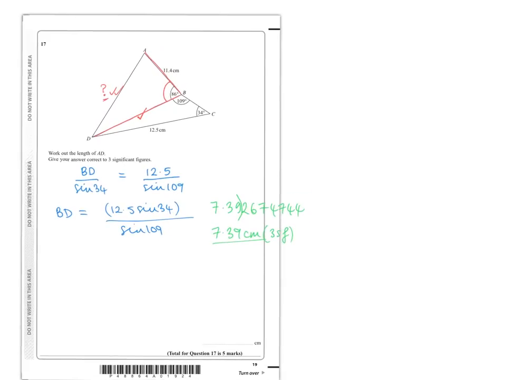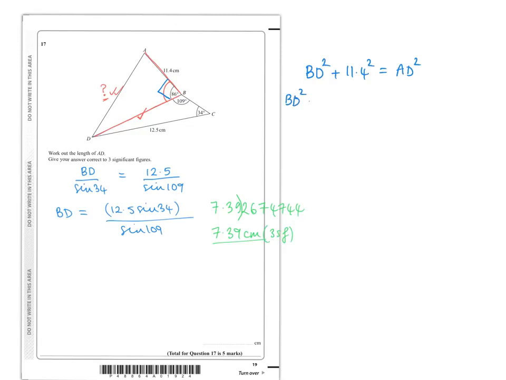So I'll just create a bit of space. So the way I look at it is, I pretend that this is a right angle triangle. If it was, I would have BD squared plus 11.4 squared would be equal to AD squared. However, it's not a right angle triangle, so I would have to take away this correcting factor.